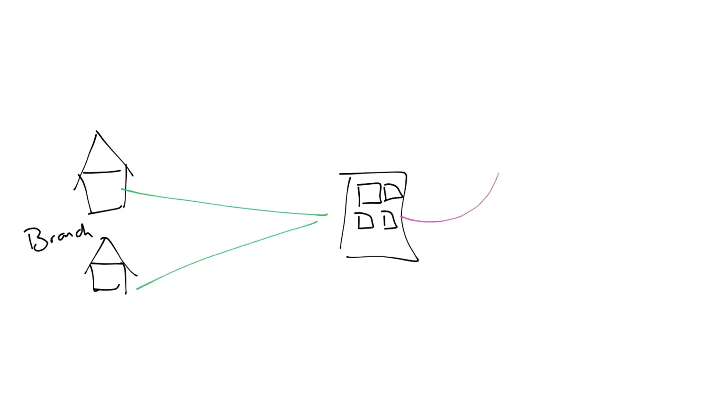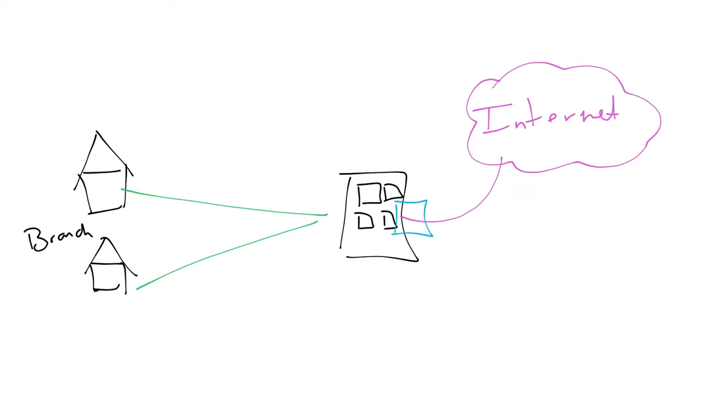This was just to get internet connectivity if you didn't have any local internet connection, or if you wanted to have control of all the traffic that was crossing your network and going out to the internet. So you put a firewall right here, and then you gain visibility and control over all the traffic that goes out into the internet.